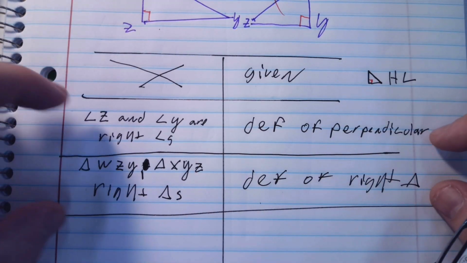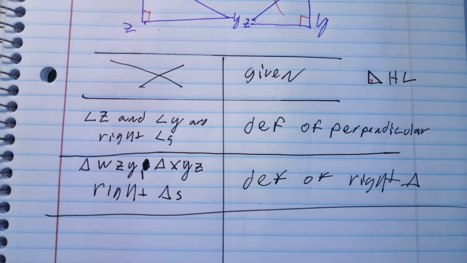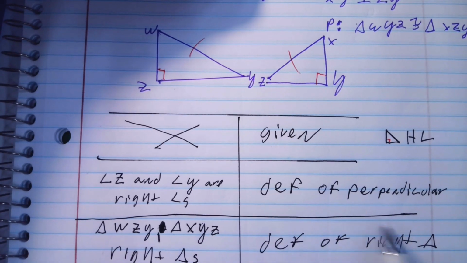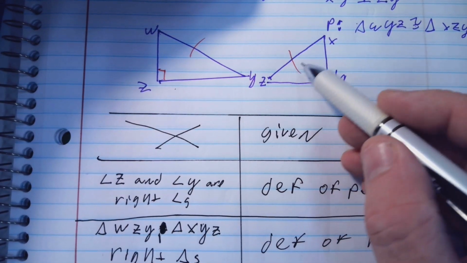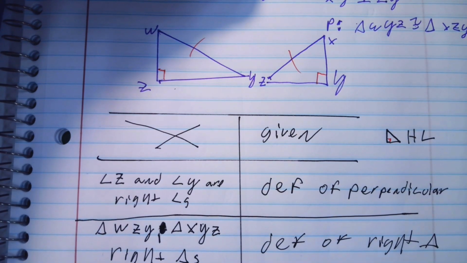Okay, so this to me is the hardest part about this. It's to understand. The rest of it to me is easy, easy, easy. Okay? So first of all, now that I proved that they're right triangles, what is this? Is this the hypotenuse or a leg? It's the hypotenuse.